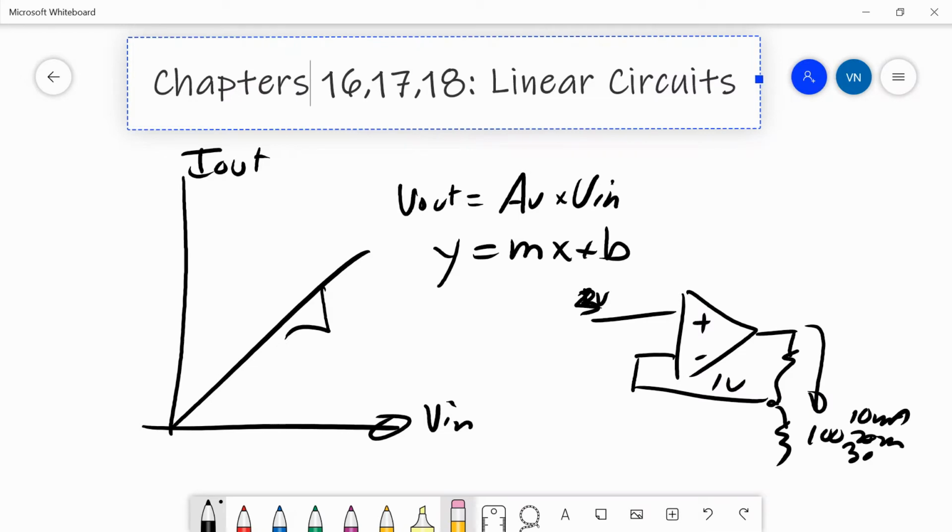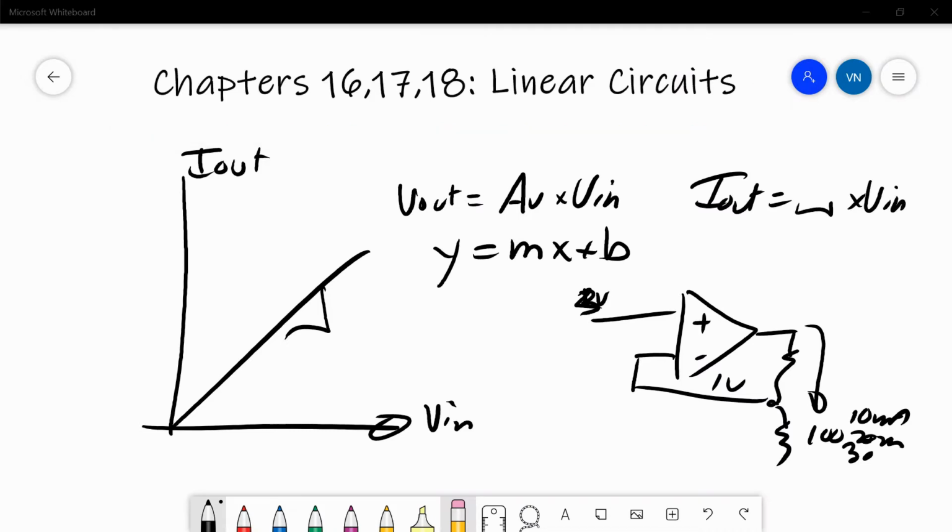How much current we get out is a straight multiple of the input voltage, but it's not a gain factor. The relationship between input and output is basically I out is equal to something times V in. And what is the something?